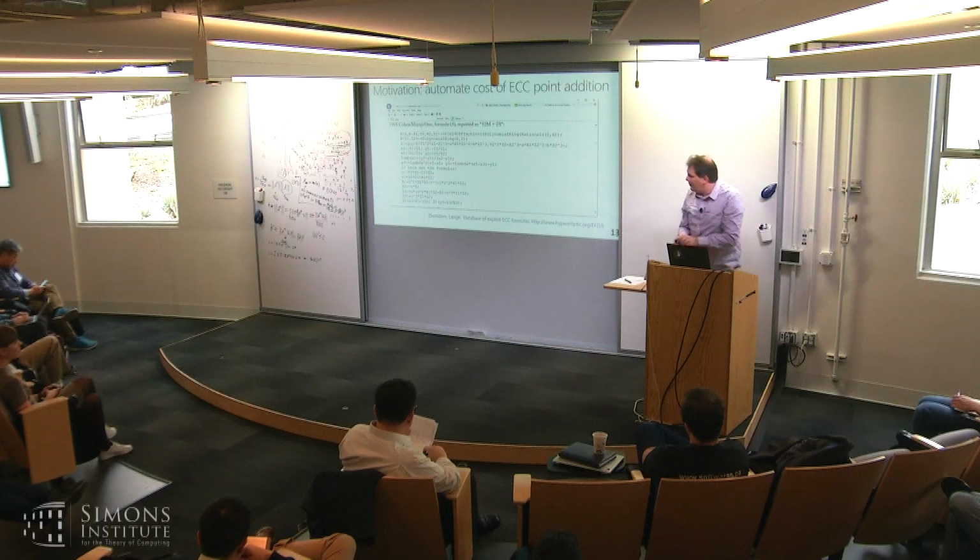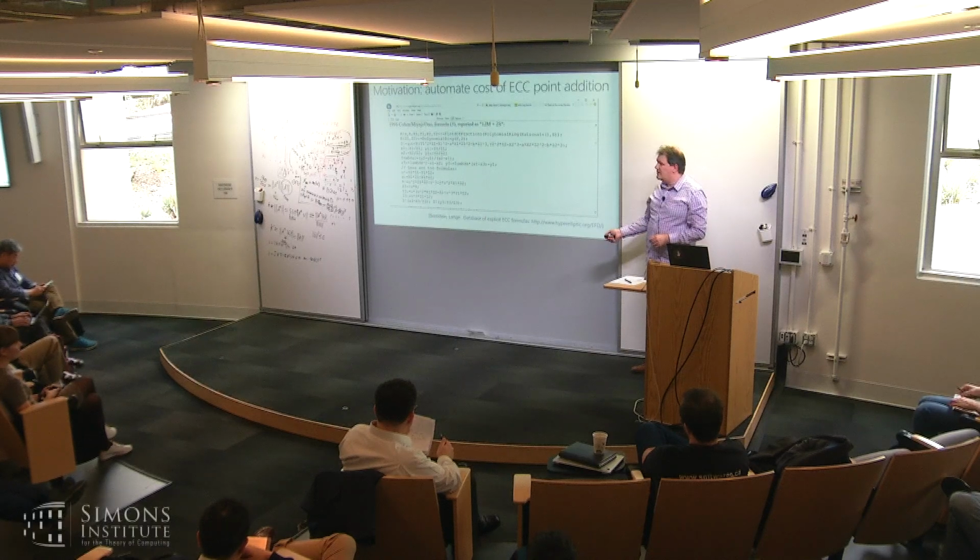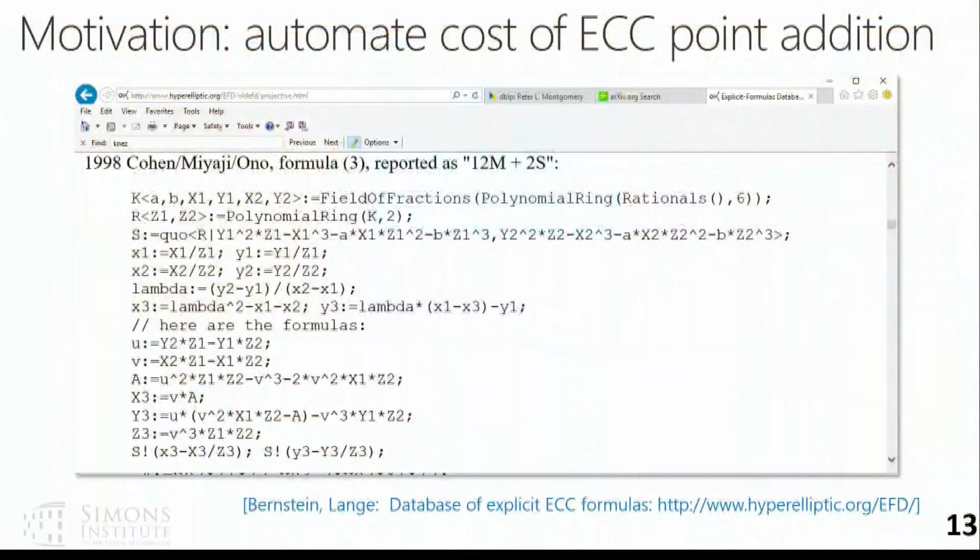This is a typical formula that you can find on Dan and Tanja's database of point addition formulas that are out there for elliptic curves. There are many ways you can represent a curve, and many ways you can implement the addition. We picked one. We picked an affine Weierstrass form for the elliptic curve.